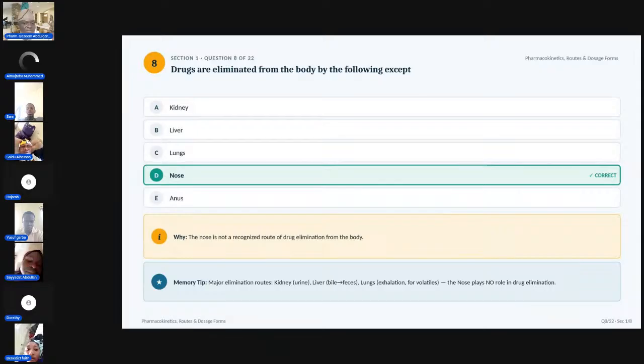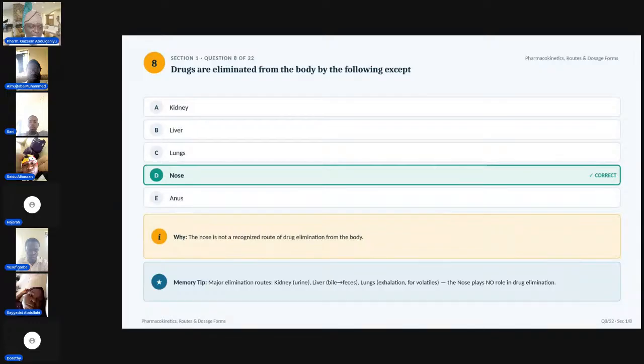Then, drugs are eliminated from the body by the following except. We have drugs that are eliminated by the kidney, and when they are eliminated by the kidney, it goes out through the urine. I want you to know what I'm saying right now, because if I'm the one to set a question, I will not say drugs are eliminated by the following again. I would rather say drugs are eliminated as part of, and I will now mention urine here.